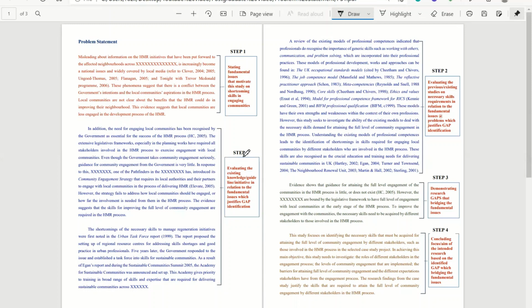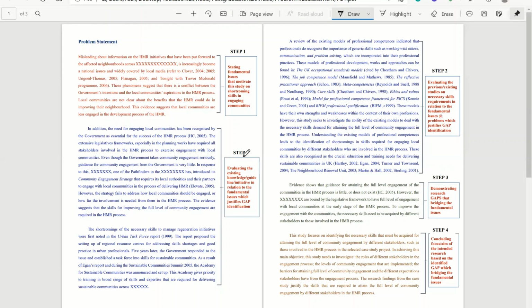The third one is whether the writer of this problem statement is able to demonstrate the research gaps against the fundamental issues that were already made known from the first paragraph. And then the fourth one is the concluding focus or the concluding aim of the intended research based on the identified gaps.